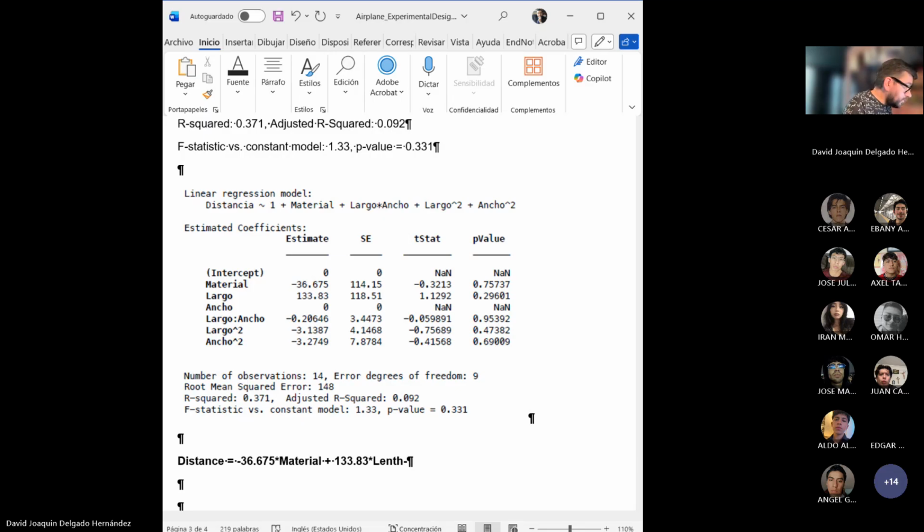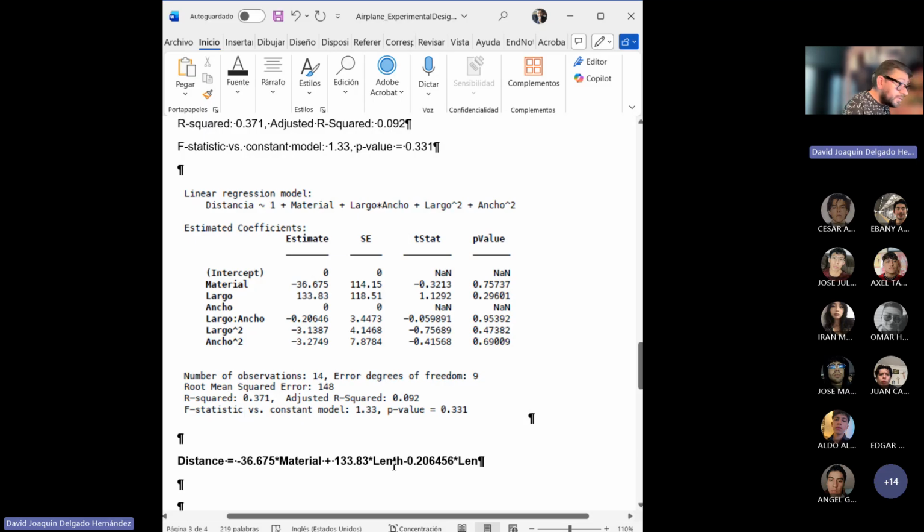Minus 0.2646 times. You have to consider the two dimensions, length times Y. This is the following point.